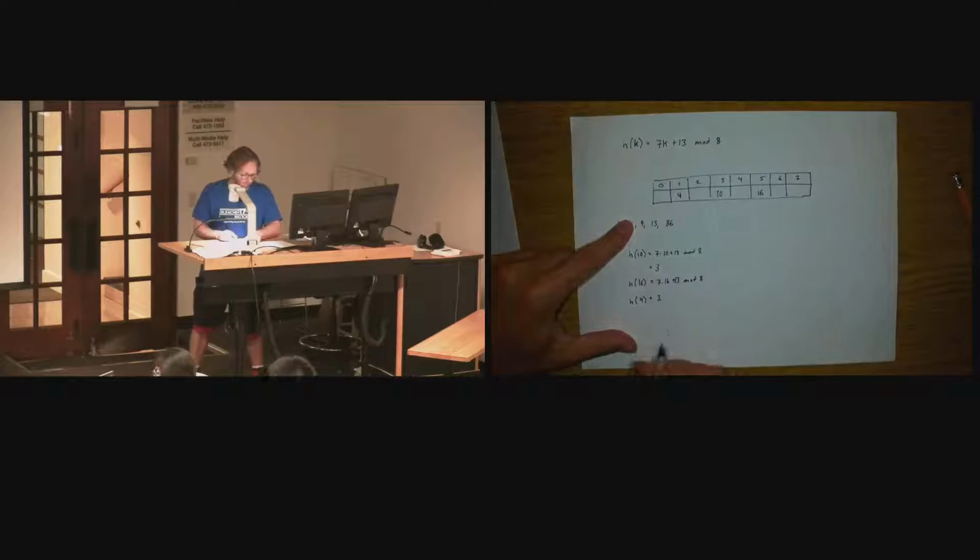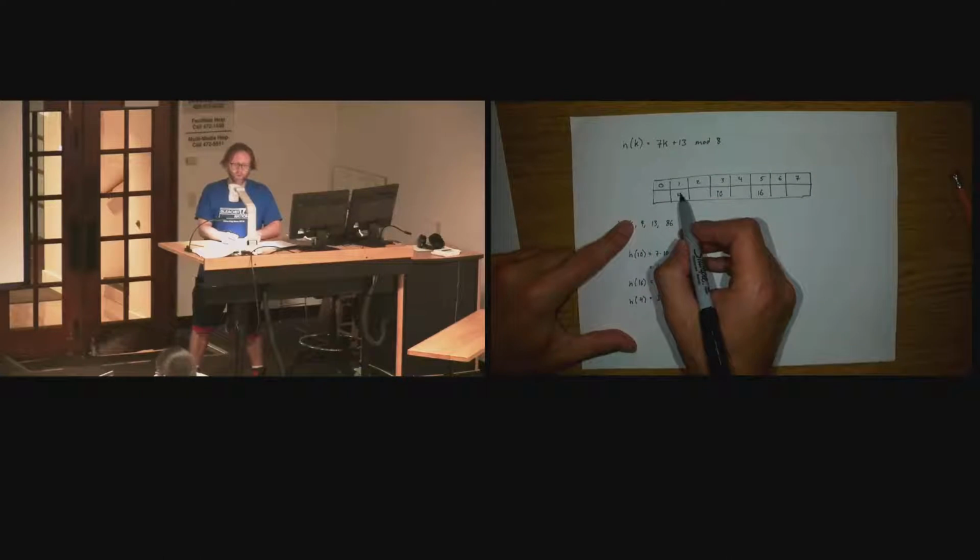And by the way, how are we going to look these things up later on if we need to? We recompute the hash, jump there, and oh, well, there's 4, right?